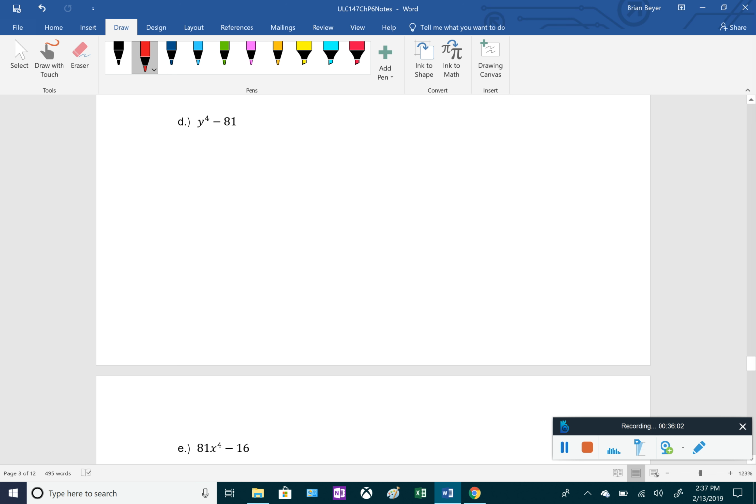Next one, y to the 4th minus 81. So this one's a little bit harder. What you have to do here is recognize that y to the 4th is y squared squared, and 81 is 9 squared. So this is actually going to be y squared plus 9 times y squared minus 9.